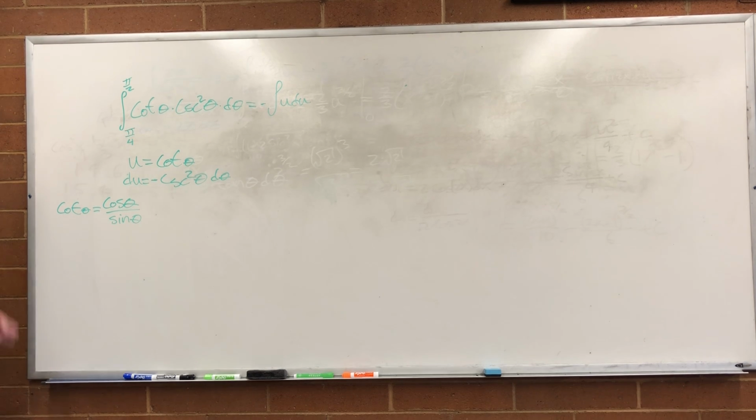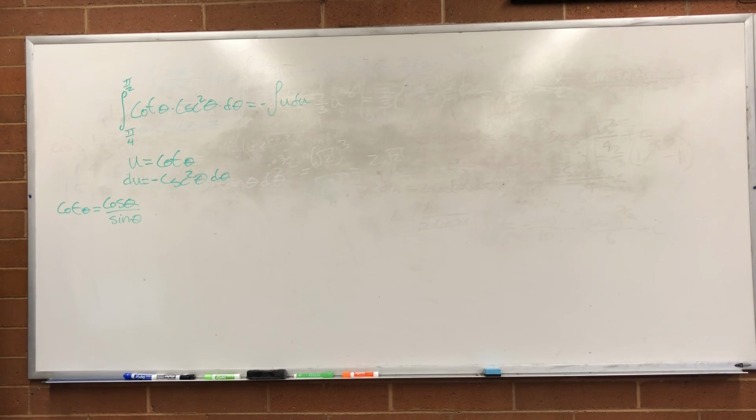Okay, so now we're looking for cotangent of pi fourths. What do we get? Root 2 over 2 over root 2 over 2, which is 1.